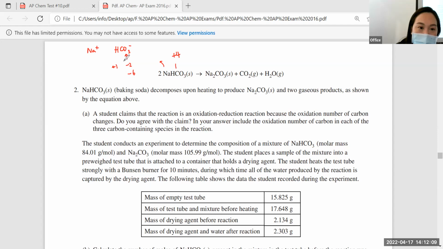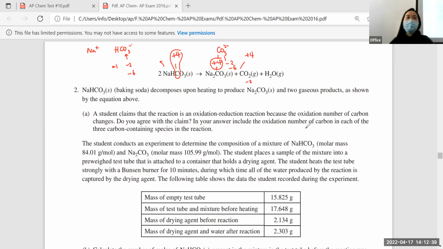Because +1 +4 -6 is -1. Here, we know it's CO3 2-. Again, oxygen is -2 times 3, overall -6, so carbon again has to be +4. CO2, each oxygen is -2, so carbon is +4.